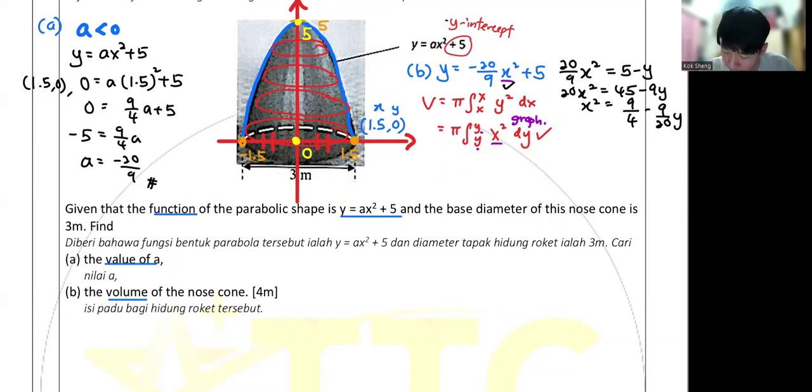So that's your x squared. 9y divided by 20. So you get the x squared. So yes, we can now sub in everything into the formula.